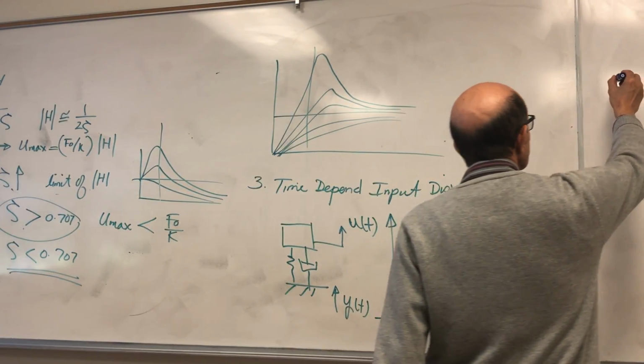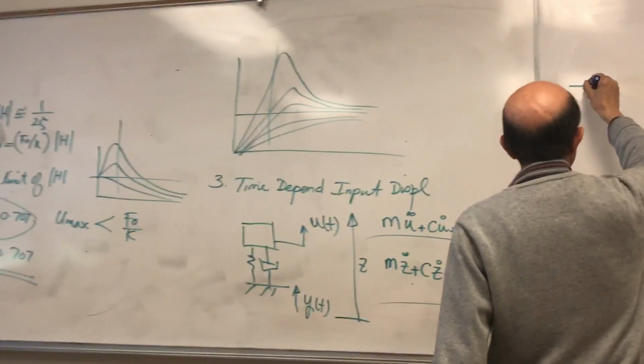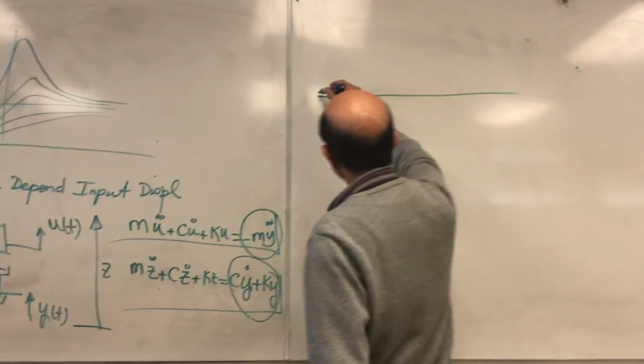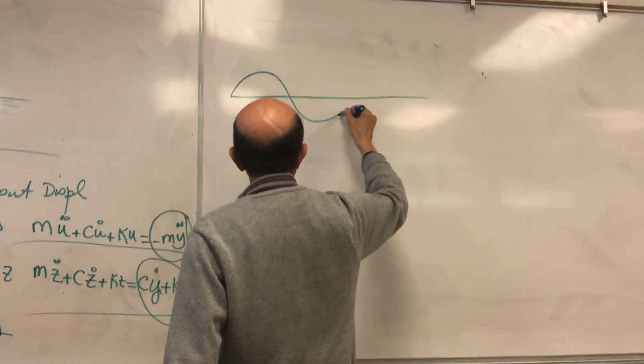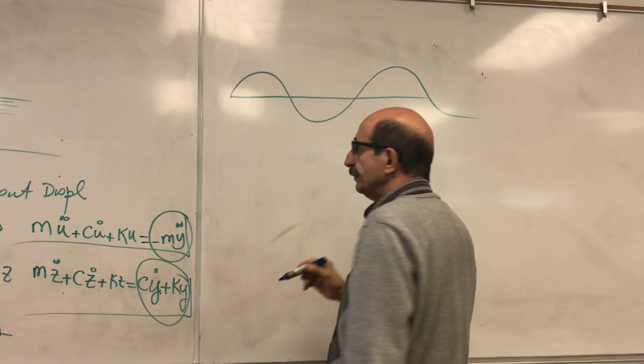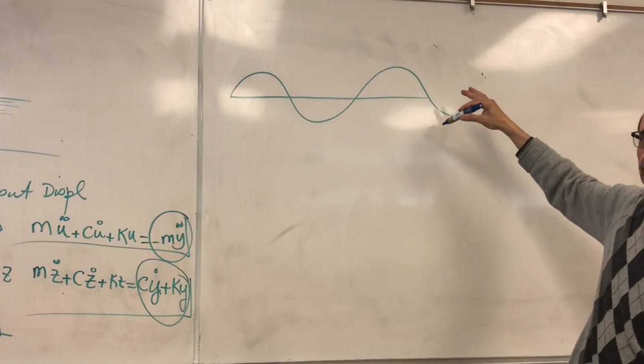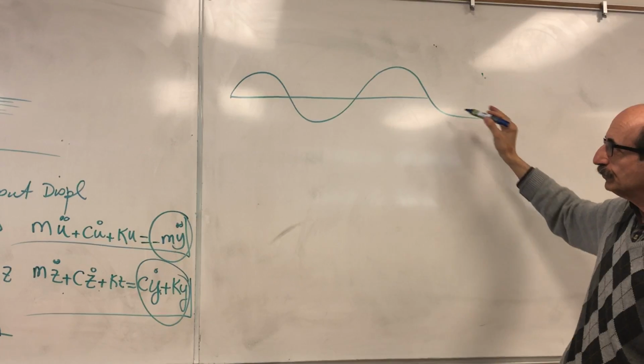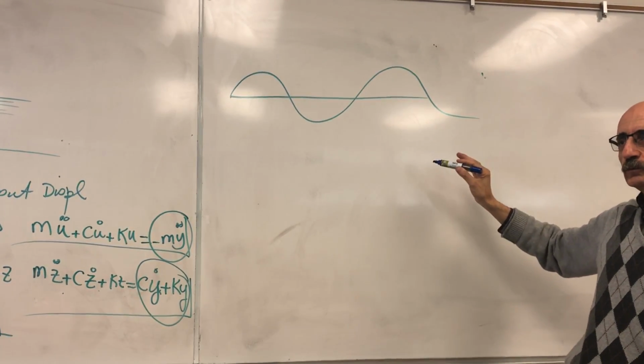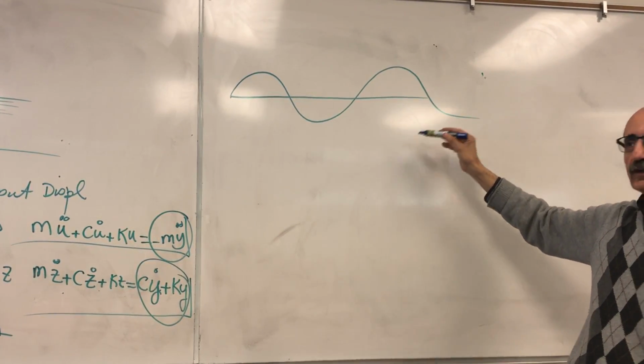So in order to present at least one or two examples, I started with this example. We assume you're traveling on a road which is cyclic. In other words, the road roughness can be assumed to be of harmonic shape.